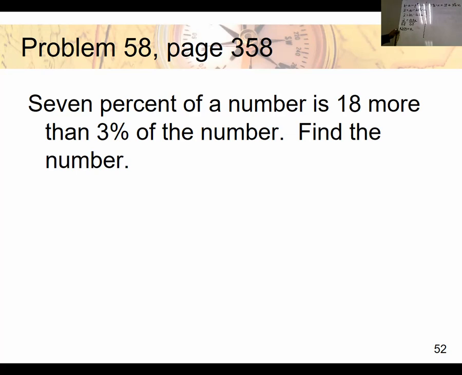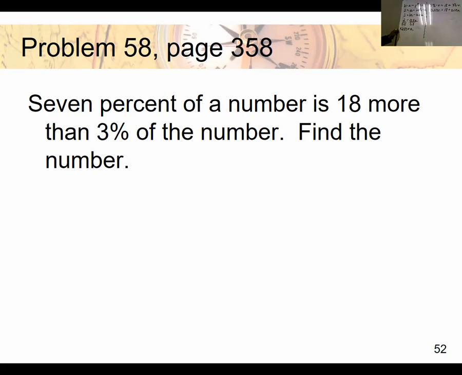Now we want to find the number. 7% as a decimal will be 0.07 times n. That's equal to 18 plus 3% of a number, which will be 0.03 times n.